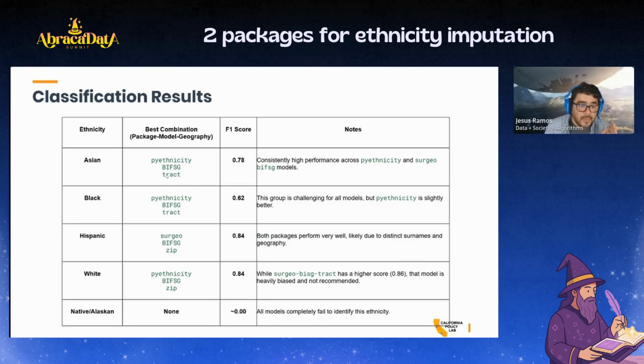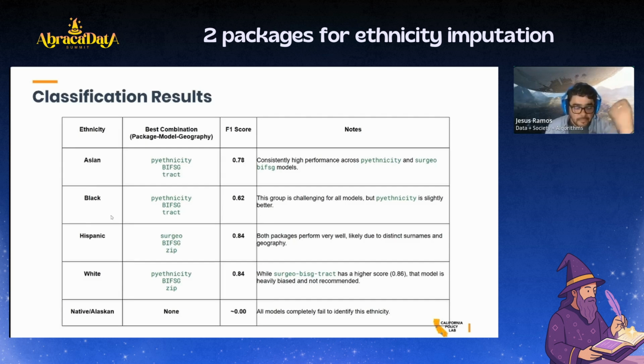We get better F1 score by using tract. Again, a tract is smaller than a zip code in urban areas. So this is apparently the combination of using first name and using tracts. We can identify better people that have self-reported their ethnicity as Asian.